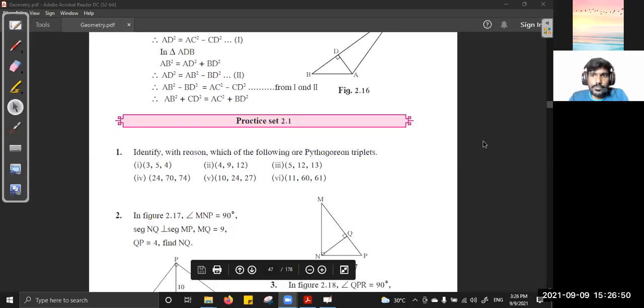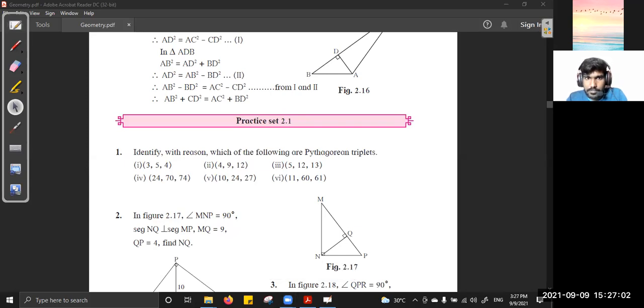Fourth one, check for the fourth one also. I know that the sixth one is, because last year we had this one in some sum. So I remember. But I'll see for the fourth.